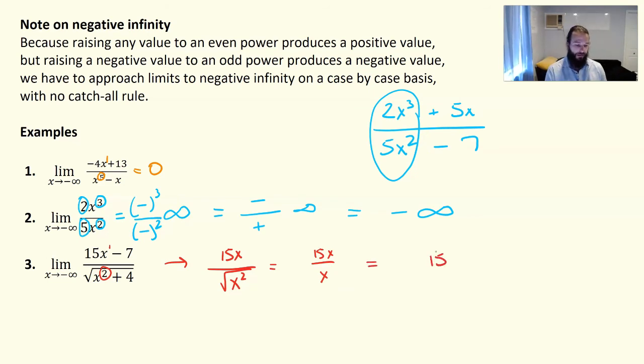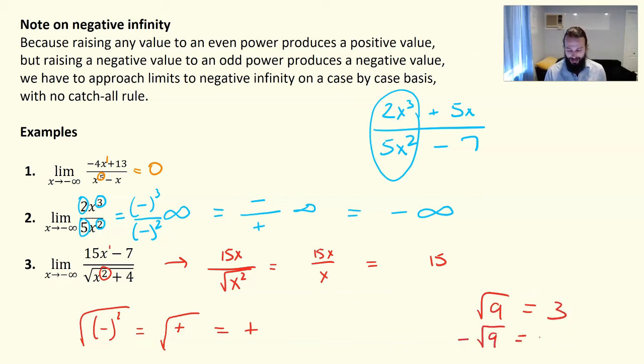But remember, when we square something, we're going to get a positive value. And then when we square root that, the square root of a number is always going to be positive. When we square root 9, we are only considering the positive 3. If I want negative 3, I have to write negative square root of 9.